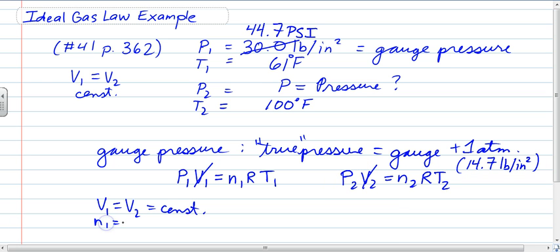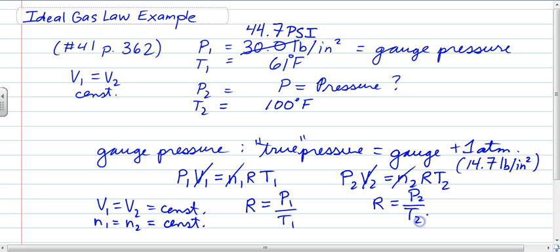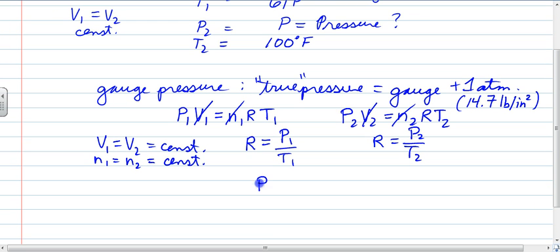And we know that hopefully the amount of gas, N1 and N2, stays constant. So I can solve these two equations for R. I have R is equal to P1 over T1, and R is equal to P2 over T2. Well, R is always equal to R, so that's where we get P1 over T1 is equal to P2 over T2. And as long as we have P1 in psi and P2 is also in psi, and as long as we've added in the air pressure that already exists, the 14.7 psi, then we're good.